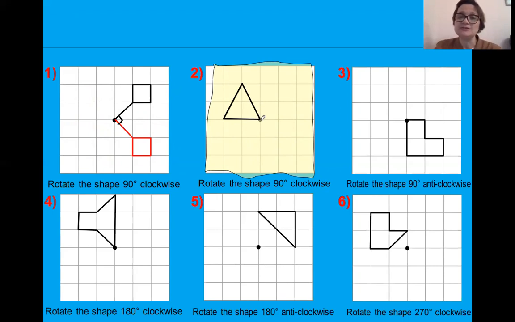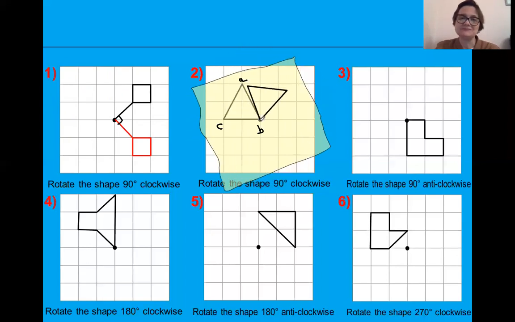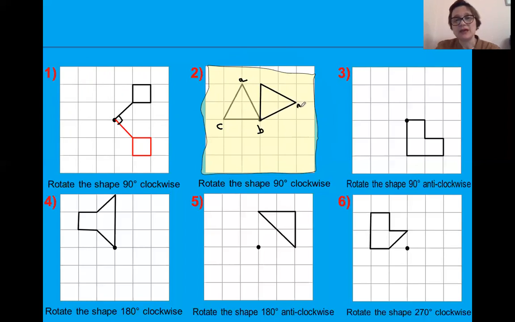So 90 degrees means the new shape, if you label the old one as ABC, then the new line AB is going to be at 90 degrees with the old line AB. There you go. So this is the new AB, or A prime, and the new B is B prime. And this is the 90-degree angle. Right. Next one.